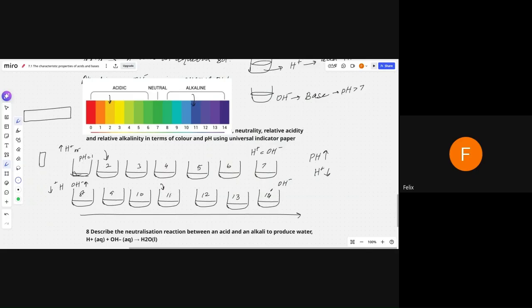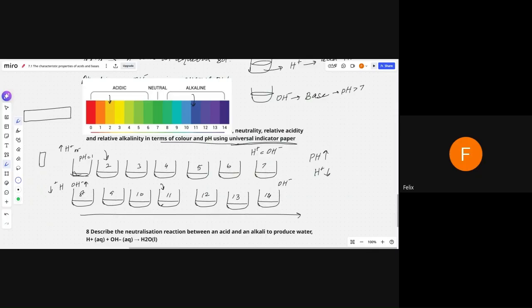And at pH 14, it has a dark purple color, right? So this is how the universal indicator works in terms of color and pH. It's a paper that can change into these colors depending on the pH of the solution. So I hope this is very clear.